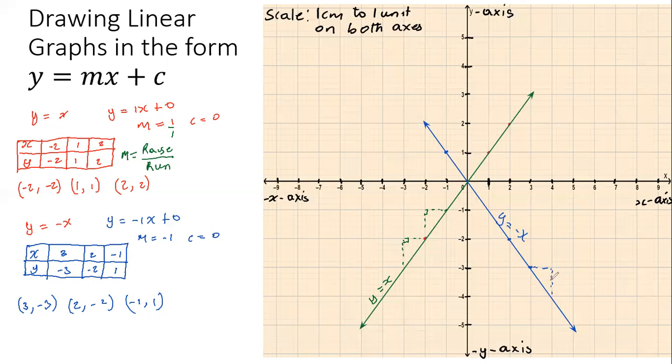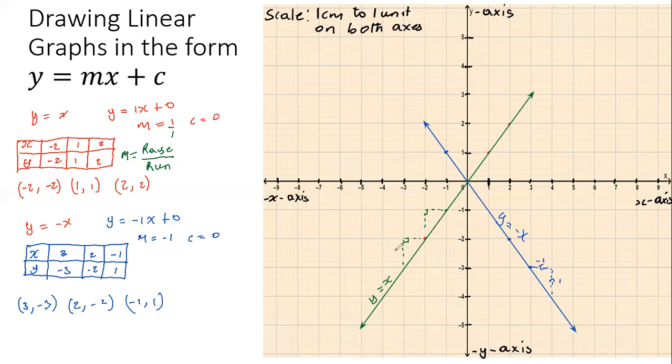But note you have to pay attention to the direction. So up here means positive, because I go this way, it means negative. So I go towards negative. So that's how you know that the run is going to be negative while the rise is going to be positive. So this distance is going to be a positive one, and this distance is going to be a negative one. So therefore, the gradient is negative.